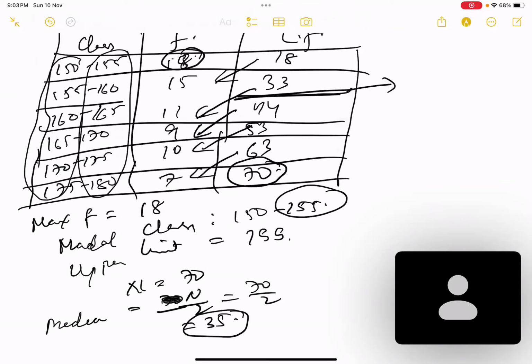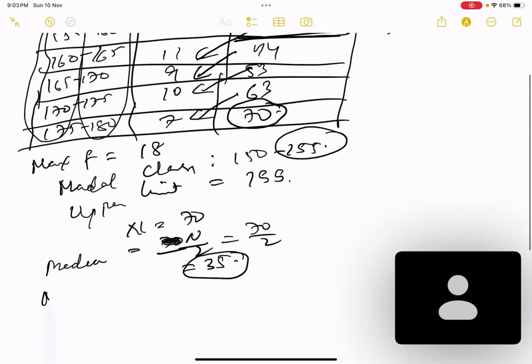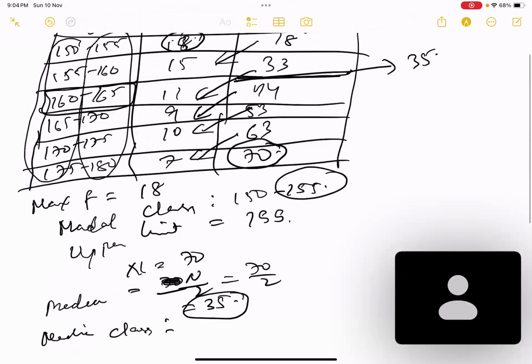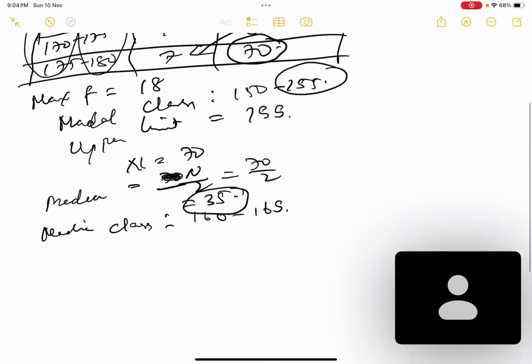So the median class will be the upper one, the bigger class, which is 160 to 165. So the lower limit is 160.